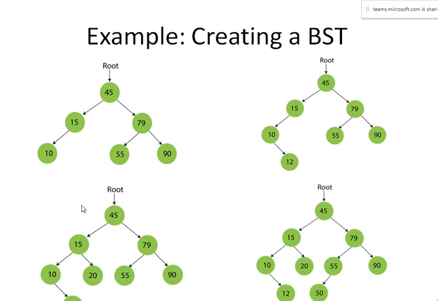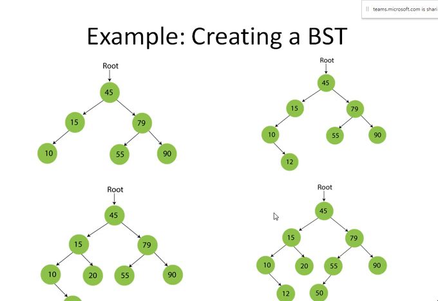Now proceeding in the series, the next element is 20. We have to find the appropriate place for 20. Starting with the root node, if we proceed to the left child, it is 15. Then its left child is 10, but 20 is greater than 10. Hence, we will make 20 the right child of node 15.